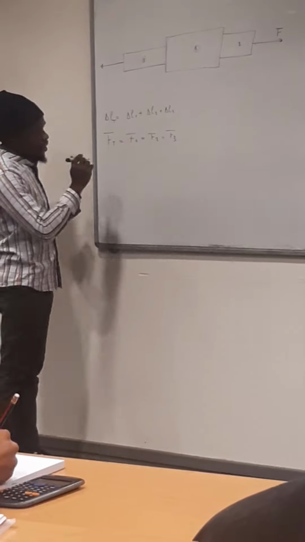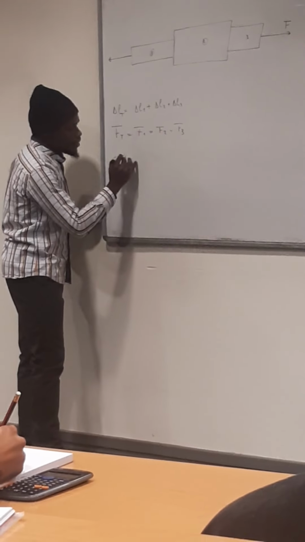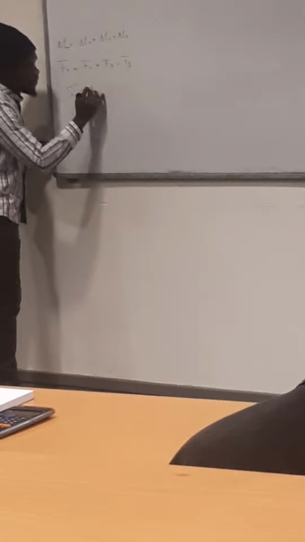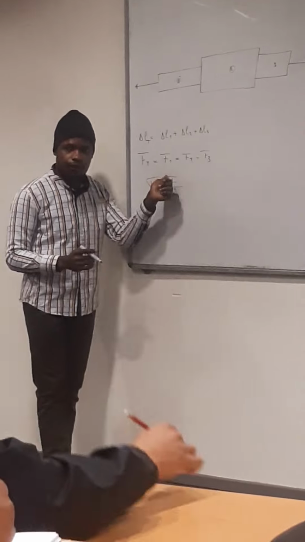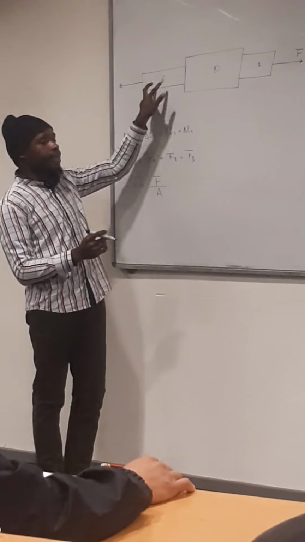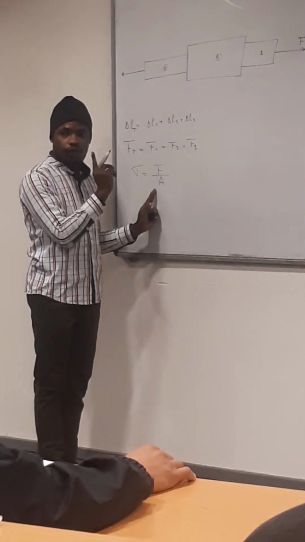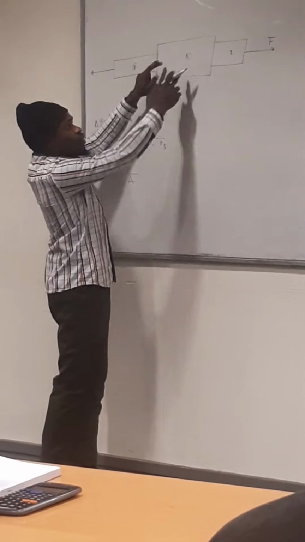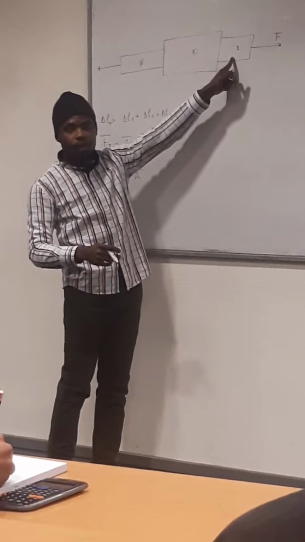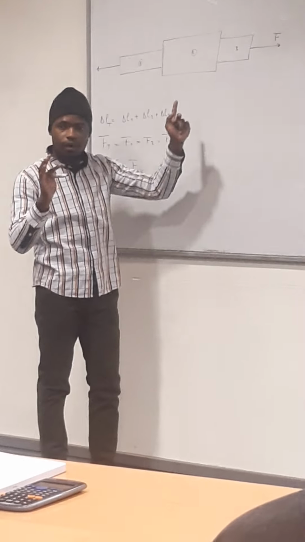Now, please let's take note that stress is equal to force over area. Meaning, the stress in 1 will be equal to force in 1 over area of 1. You agree? Stress in 2 will be force in 2 over area of 2, and stress in 3 will be force of 3 over area of 3.